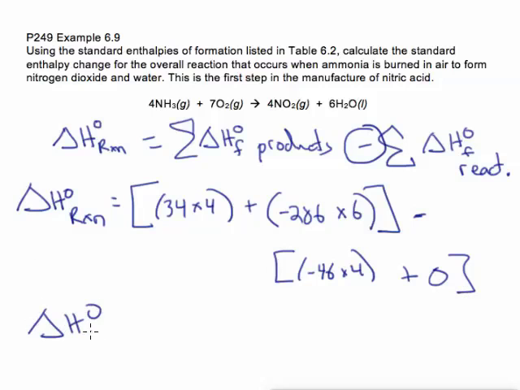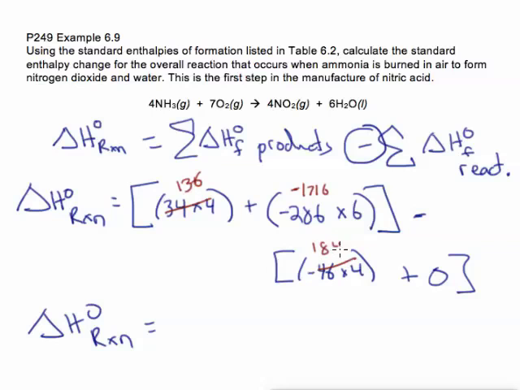When we add this up, we have to be really careful to do our math steps in the right order and multiply and then add. When we multiply over here, we get 136, and then we get negative 1716 and 184.